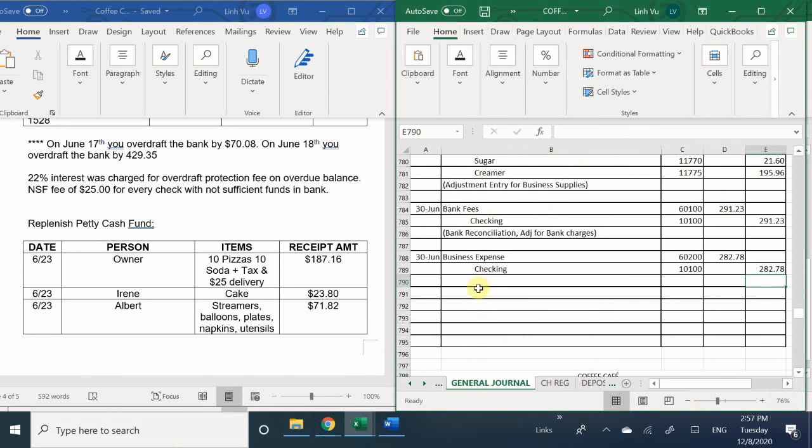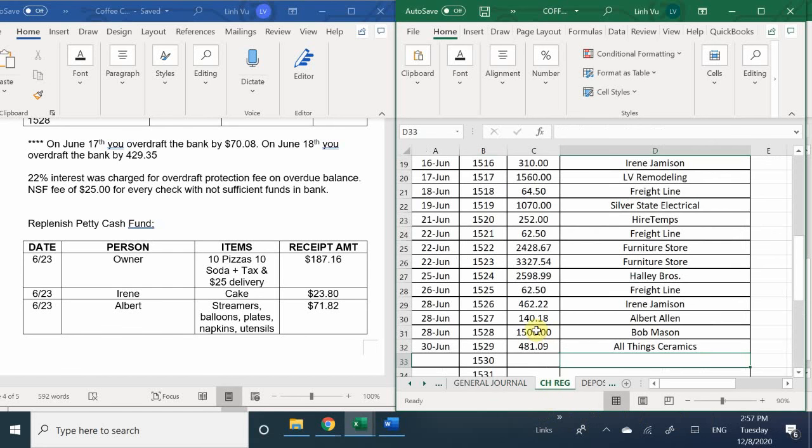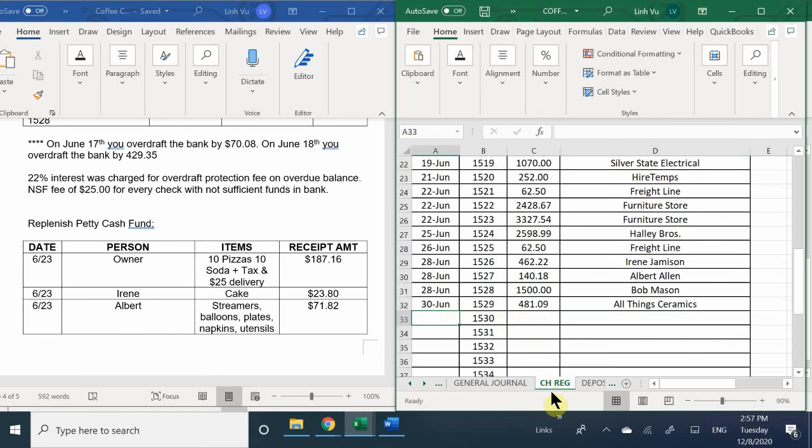Okay, so the notes will just reflect that it's petty cash replenish. Cash, and then we have to get a check number. And it's the 282.78.